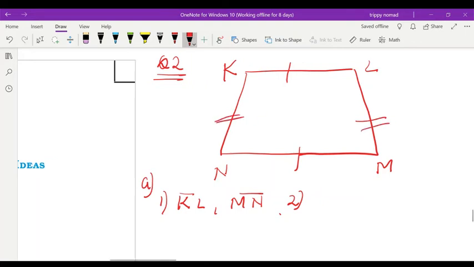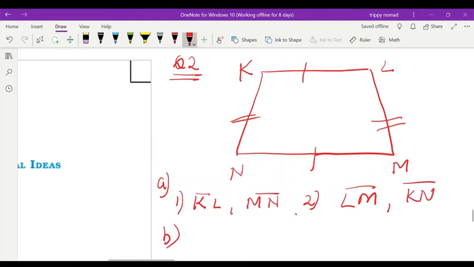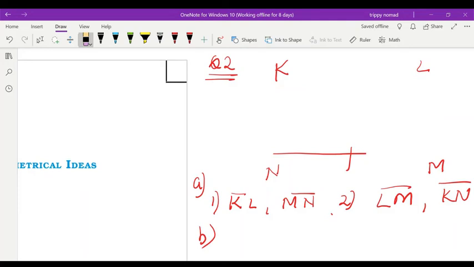So what is its name? LM and KN, like that. Okay, understood, children? So there are two pairs of opposite sides. Now I am going to rub these symbols again. I will draw for you.